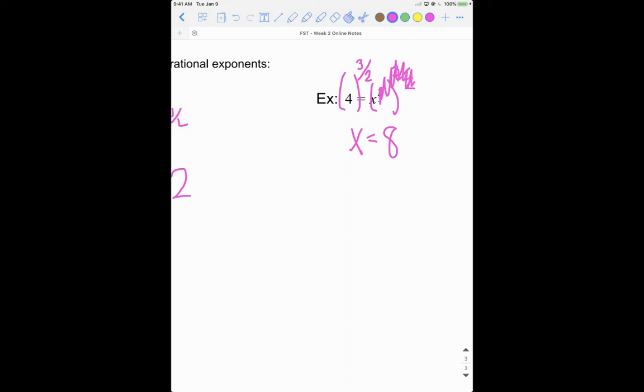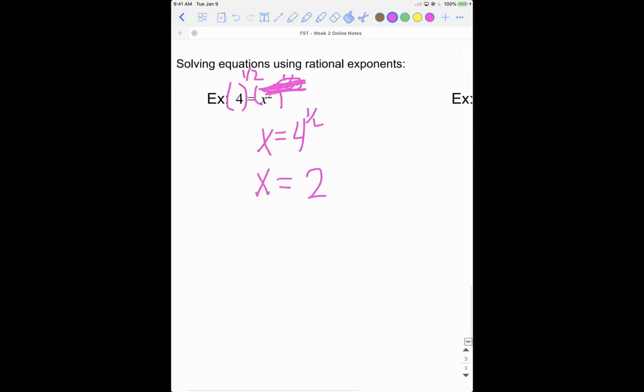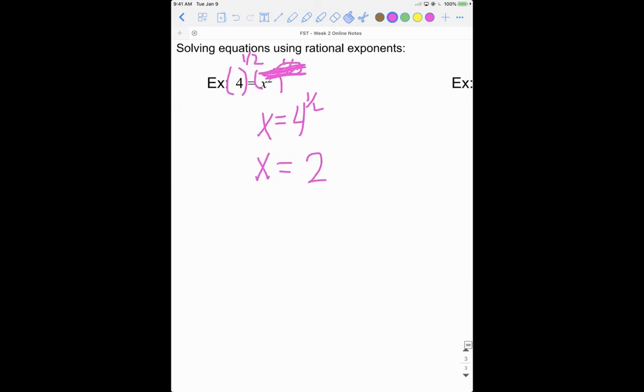So that's one way to help. We're going to look at just one that's a little bit more complicated, one that could have a couple more steps in it. Let's write this out.